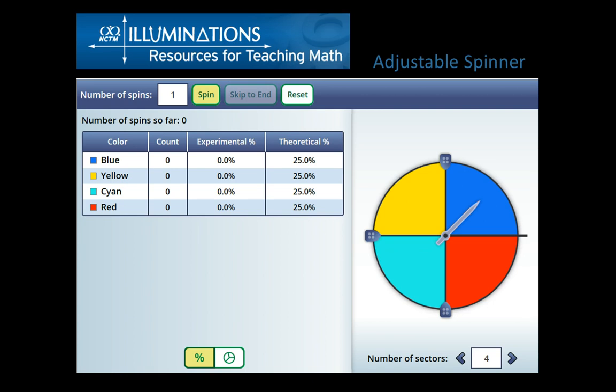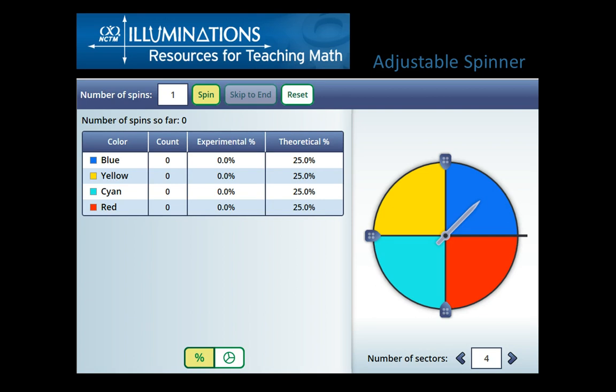So let's look at some places where you can actually do some experiments and come up with some samples or come up with some experimental probabilities based on those experiments. This is one website that's great for teachers to know about. It's called Illuminations.